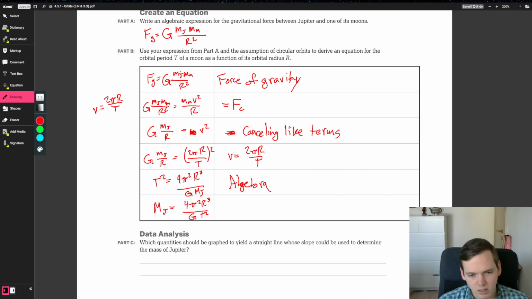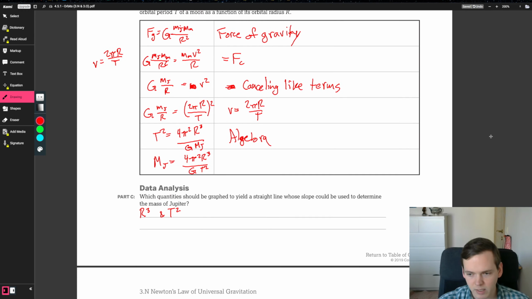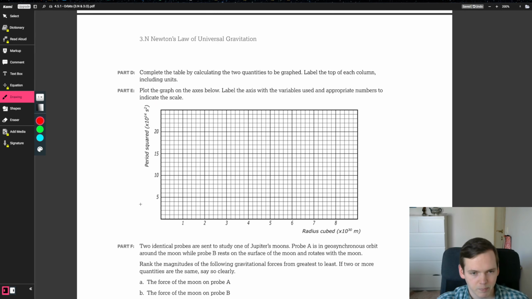So 4 pi squared over G is all a constant. But r cubed and T squared, if I find the slope of that graph, will give me the mass of Jupiter. That's just from looking at that equation: the mass of Jupiter is equal to a constant times r cubed over T squared.